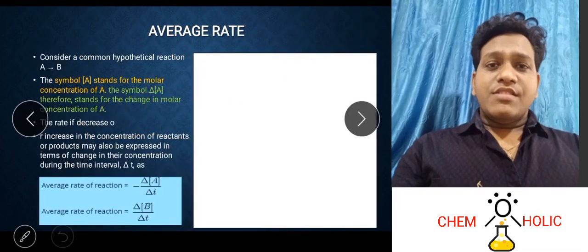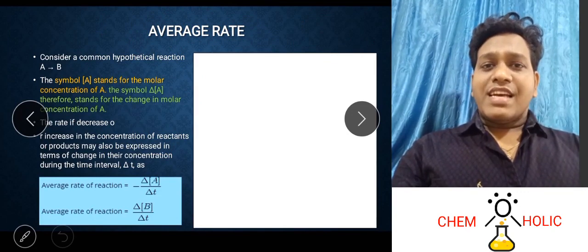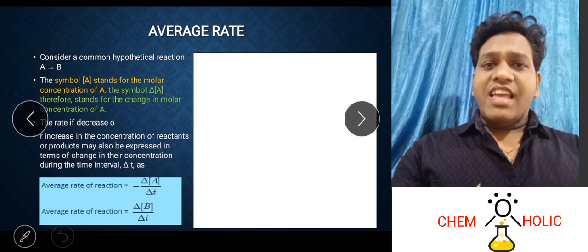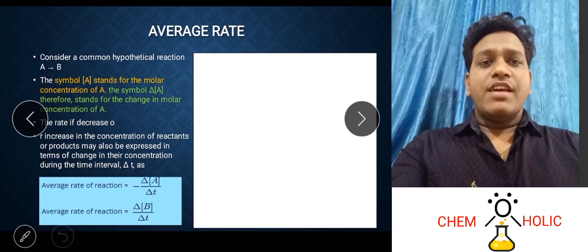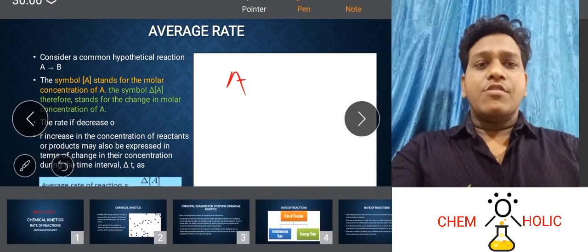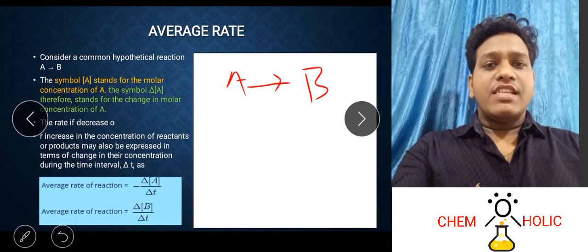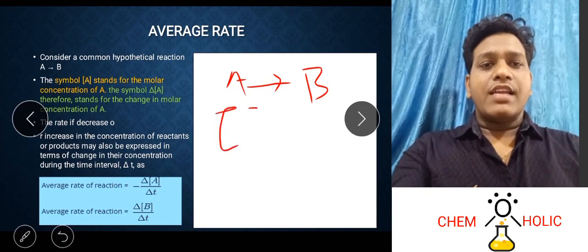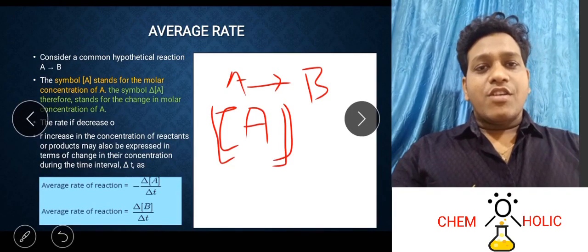Okay, there is one more topic about average rate. Let us understand A is converting into B. Symbol A stands for molar concentration. If A is converting into B, we can see the concentration, this bracket of A. The bracket indicates concentration.